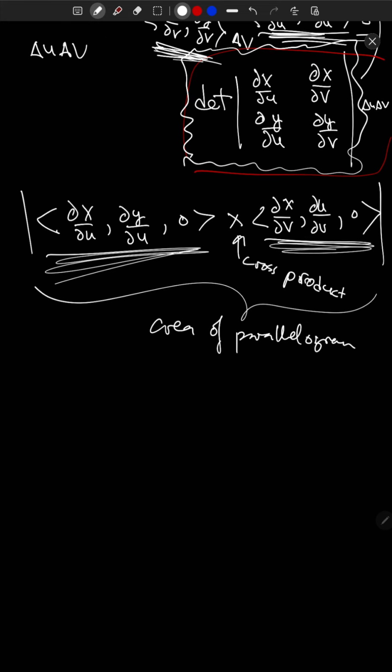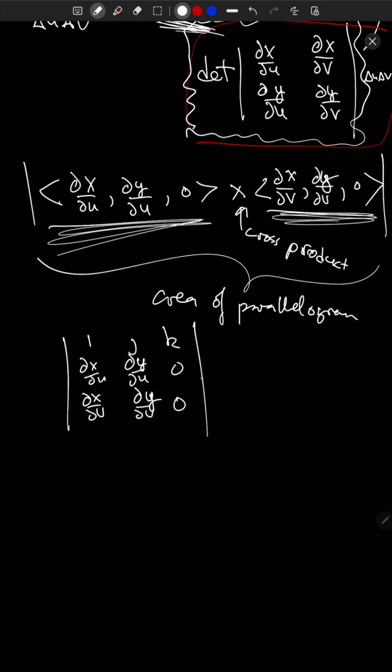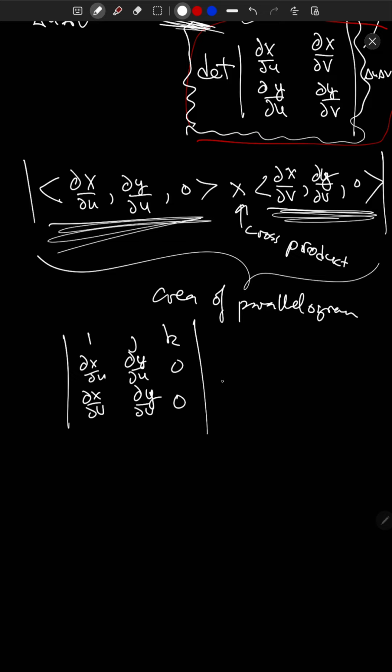Okay, and if you calculate this cross product, well, ijk, we're going to get dx du, dy du, 0, dx dv, dy dv, 0, right? What is the cross product? Well, because of these two zeros, it's going to be really simple.